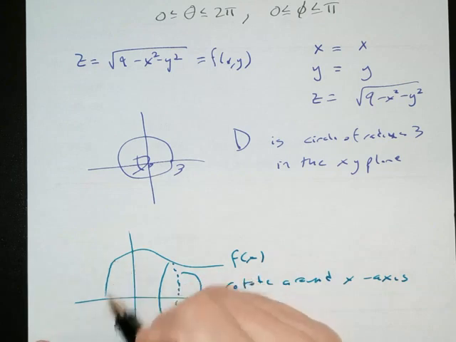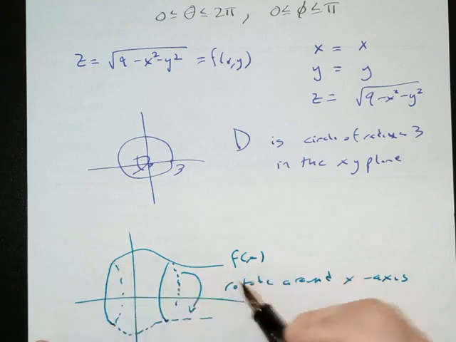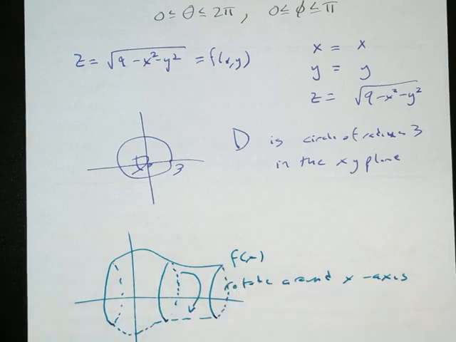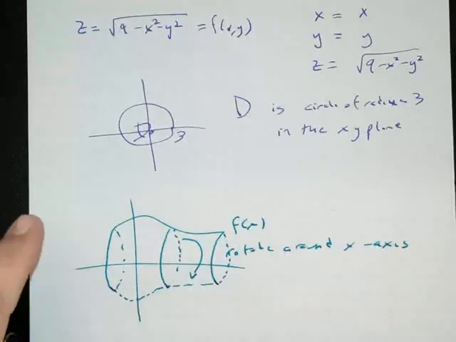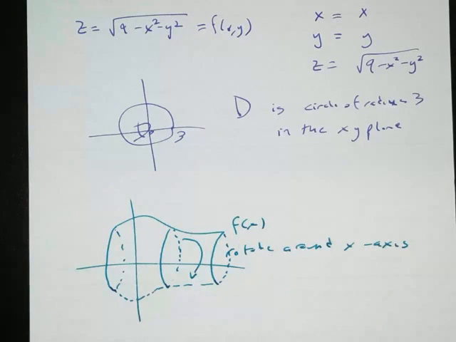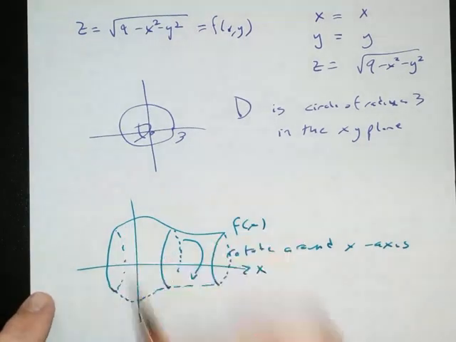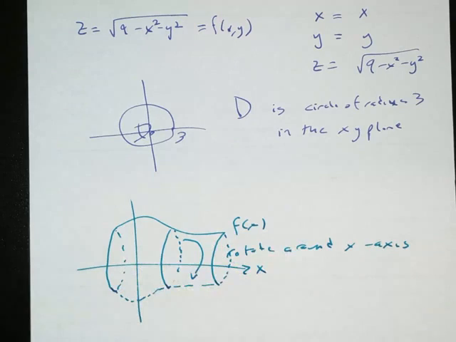And I would have one over here, I would have one over here, right? But that means I can figure out, depending on where I am, this is x, right? That's the x-axis. That means if I'm going around that, that part should be pointed out at me. I should have circles this way. Those are circles in y and z.